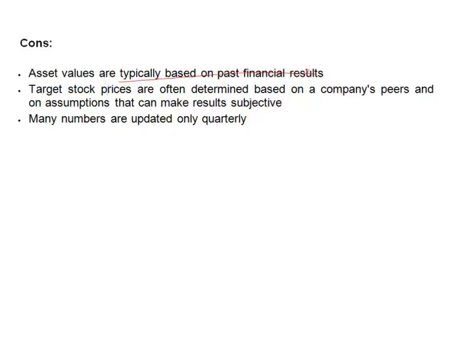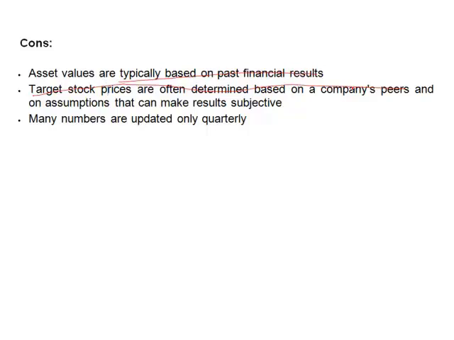Another disadvantage is that target stock prices are often determined based on the company's peers, and assumptions can make results subjective, because you compare with the peers and you don't know the conditions in those peers. What made the peers to be like that?